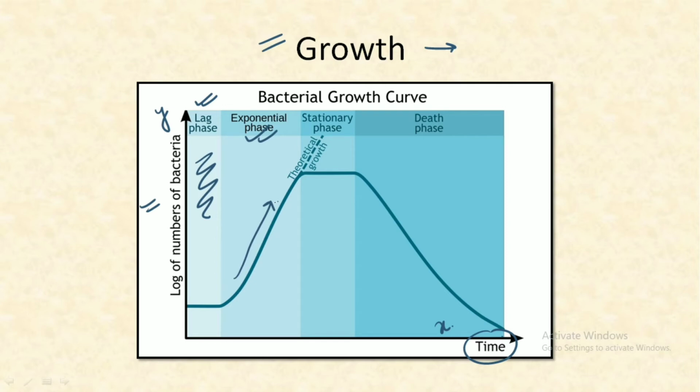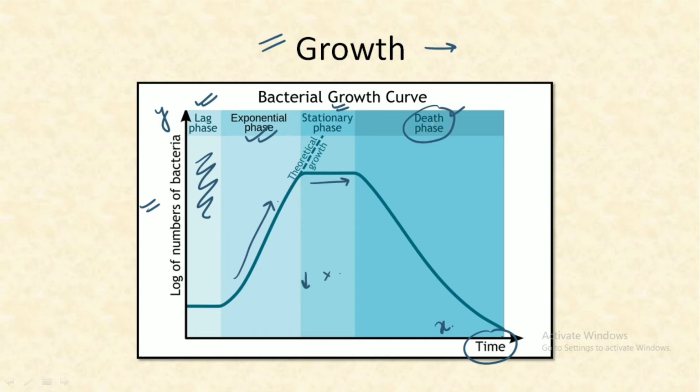After the exponential phase, when all the nutrients and other resources important for survival and growth are used up by the bacteria, there occurs a stationary phase where there is no growth in the number of bacteria. The number of bacteria remains constant with respect to time, but as it approaches the end of the stationary phase, the resources start to come to an end.